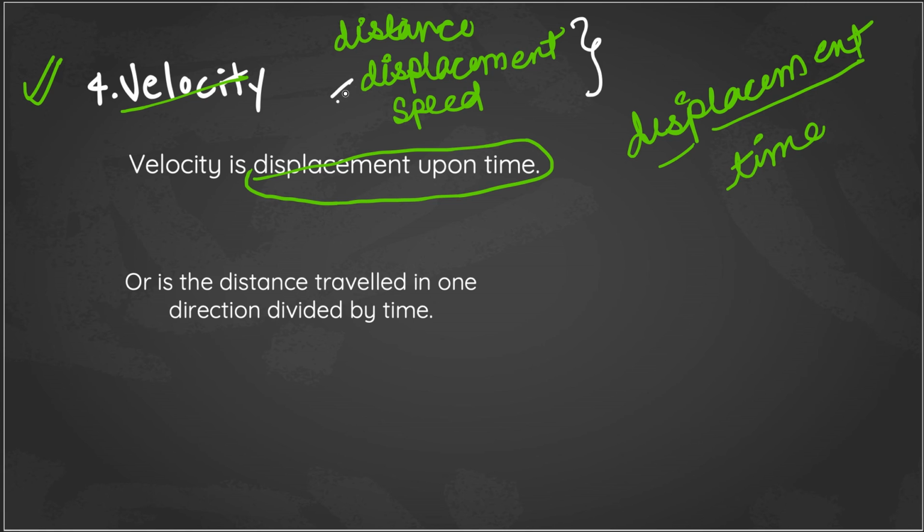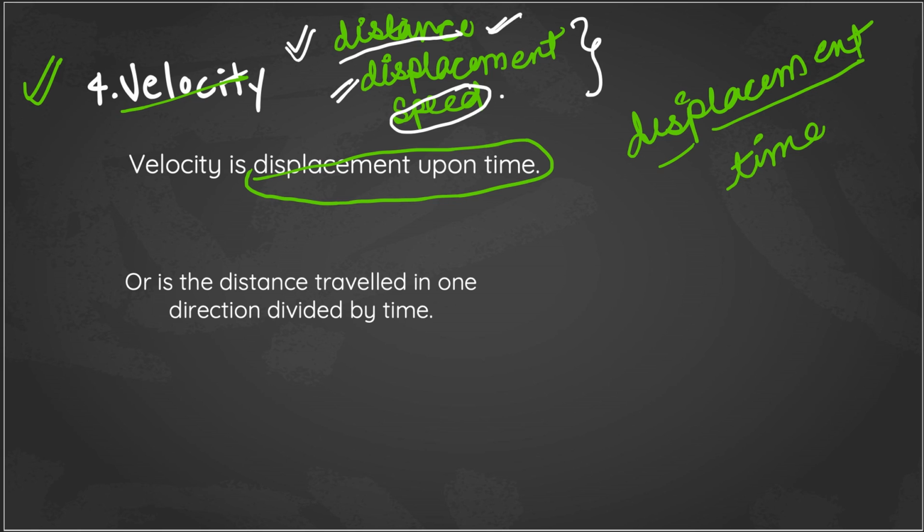Now I'm going to tell you how all of these are interconnected. For finding out the displacement, we need to know the distance, or maybe not sometimes, but it matters in certain situations. To take out the speed, we need to have the distance. And to take out the velocity, we have to have displacement. So we see that all of them are interlinked to each other.